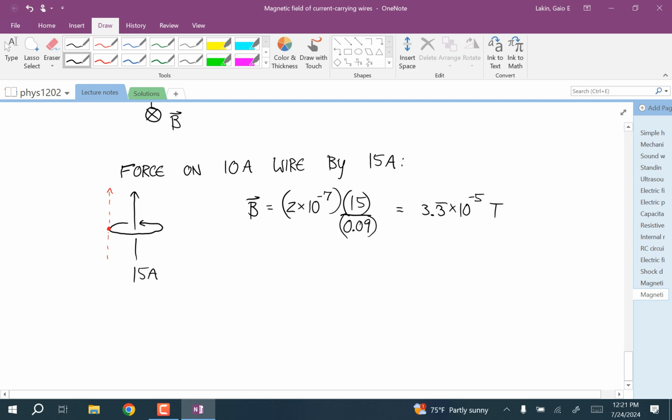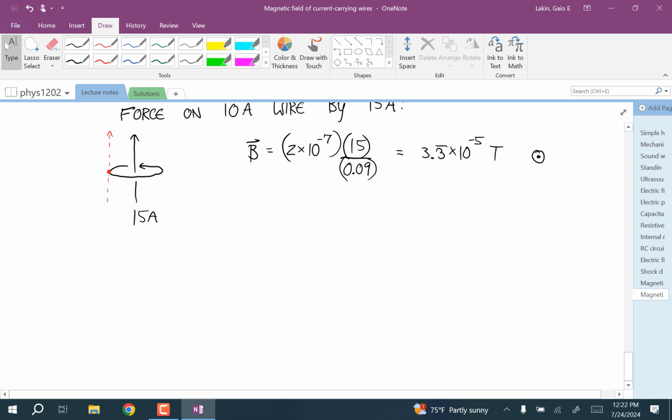And now if the field lines are going in this direction, a vector that's tangent to that field line at that red dot is coming out of the page. And so that's the direction of the magnetic field vector. Now that we've calculated that magnetic field vector, we're done thinking about the 15 amp wire. Now we're just calculating the force this magnetic field vector applies to the 10 amp wire.